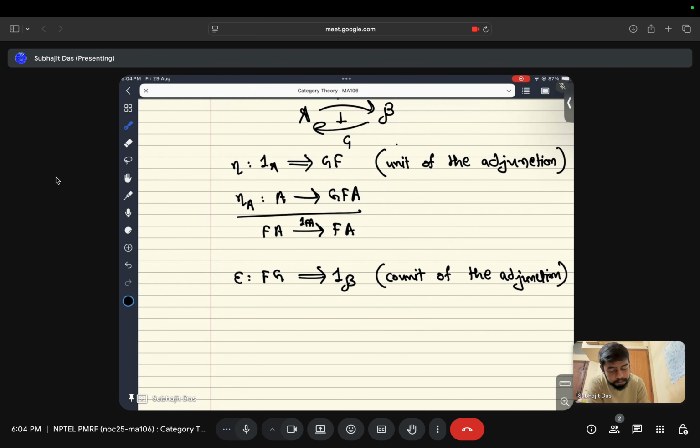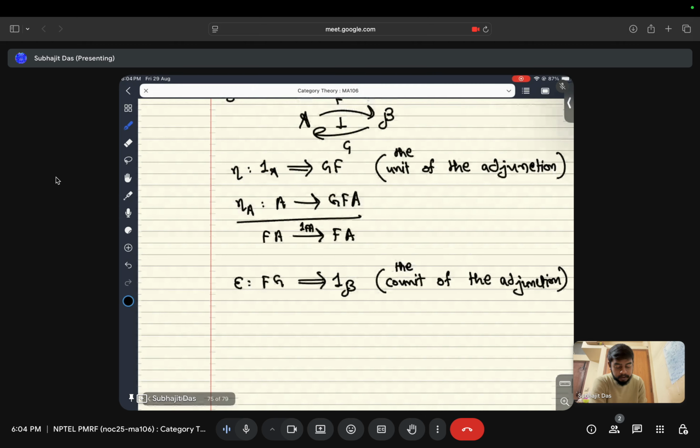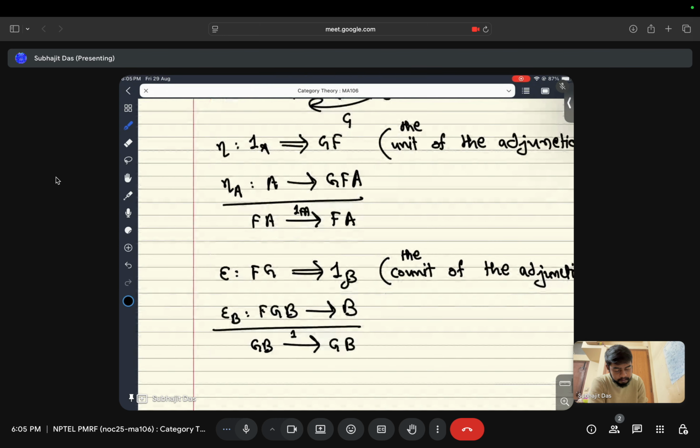How is it defined? Epsilon at an object B is supposed to be a map from FGB into B, and this exactly corresponds to the identity arrow from GB to GB under the isomorphism given by the adjunction.